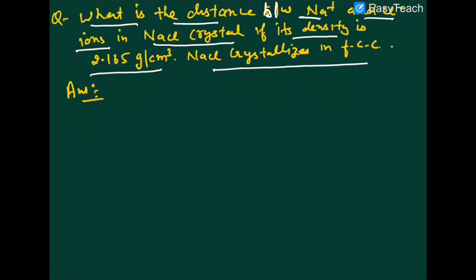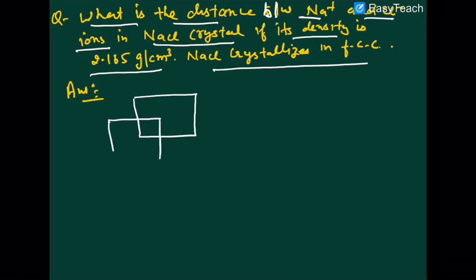Now if you look at the question very carefully, you can draw two types of things here. If you consider only the face-centered atoms, they are the same kind. These are chloride ions.